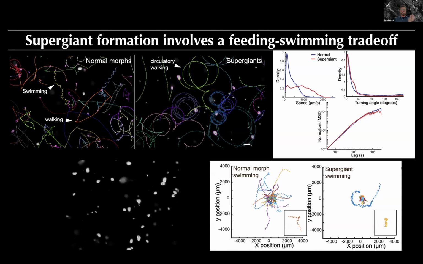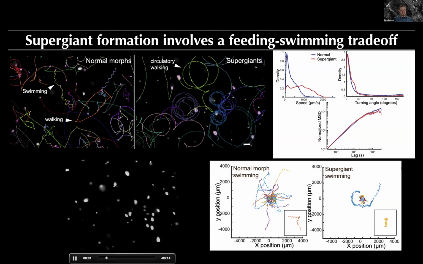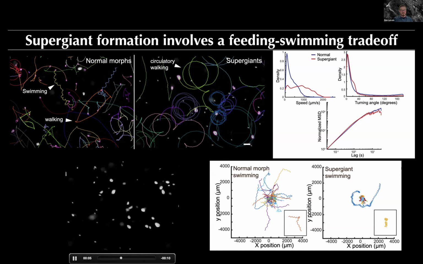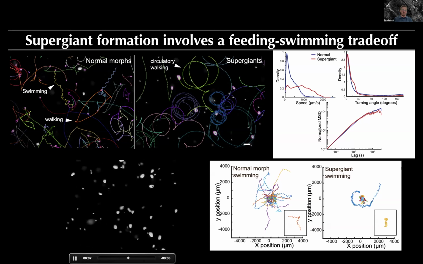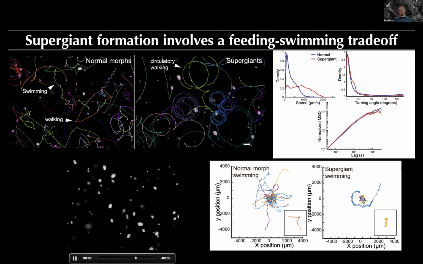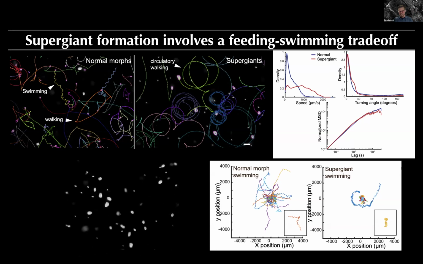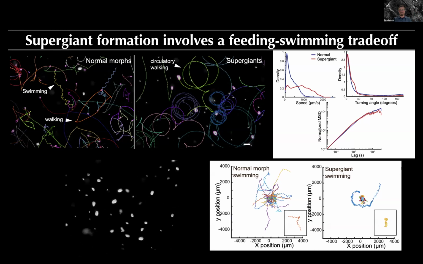And indeed, when I put them in little enclosures and gently disturb them from the surface that they're walking on, this is a mixed population of normal cells and supergiants. When the supergiants are knocked from a surface, they sort of tumble a bit helplessly, and the normal morphs you'll see will swim away quite well. If you look at the swimming patterns of these cells, these are just cell trajectories, and we've centered the mean position along all these trajectories, and we find indeed these supergiants seem to exhibit this sort of trade-off that perhaps limits their dispersal.